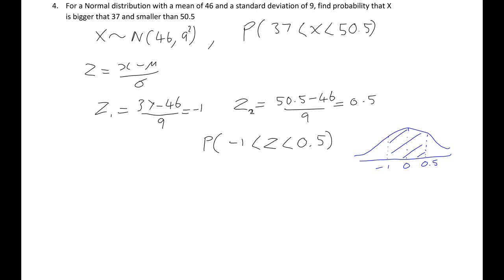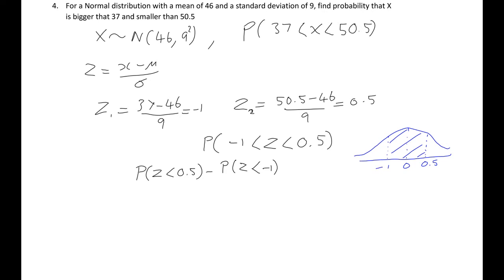So when you have a question like this, you can rewrite it as the probability of z being smaller than 0.5 minus the probability of z being smaller than minus 1. Now I know I've just swapped that sign, that was intentional. That's because we want this whole area minus this area, not this area minus this area.